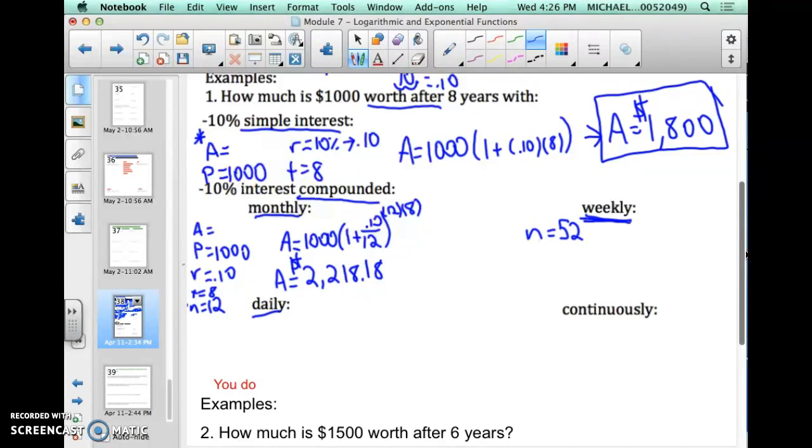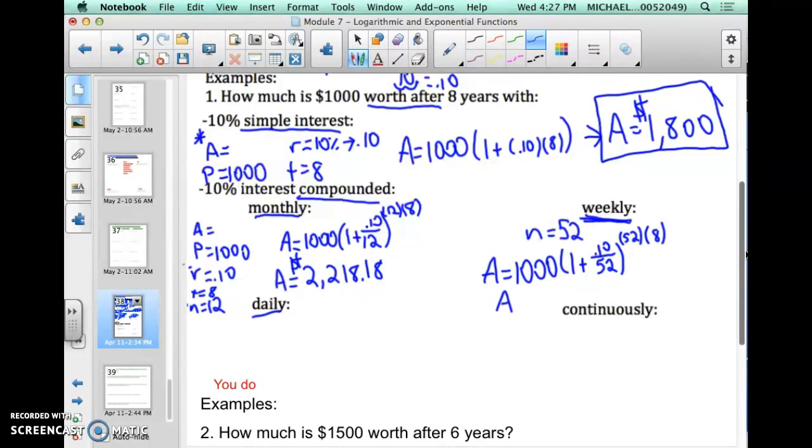So everything else, my P is still 1,000, my R is still 0.10, my T is 8, and the only thing that's changing is my n is going to change to 52. So let's try this now. A equals 1,000 times 1 plus 0.10 over, instead of 12, I'm going to write 52, raised to the 52 times 8.